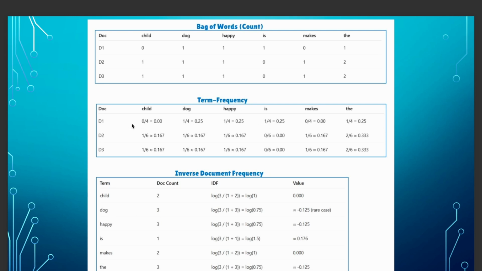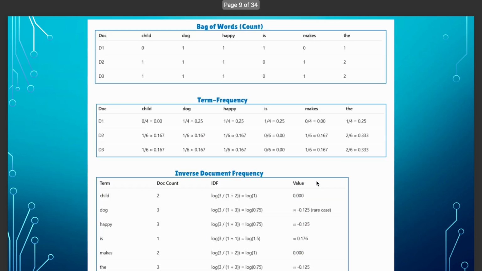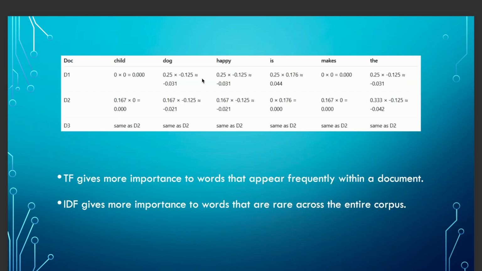Now that the term frequency is calculated and the IDF or inverse document frequency is calculated, we can multiply both the terms. So TF-IDF is term frequency multiplied by inverse document frequency. So we have this here. We can multiply both these terms to get the TF-IDF representation.